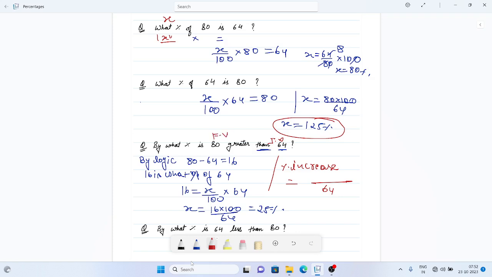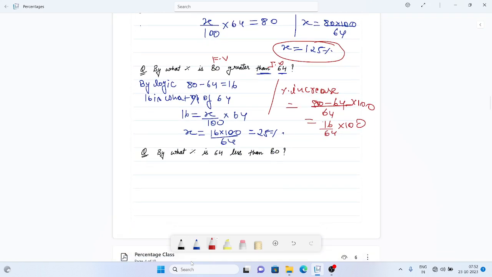So 80 greater than 64 means we have to directly compare like this: 80 minus 64 upon 64 into 100. Okay, here you can directly compare because it asks greater than as compared to 64. If you don't understand this by logic, this is simple.